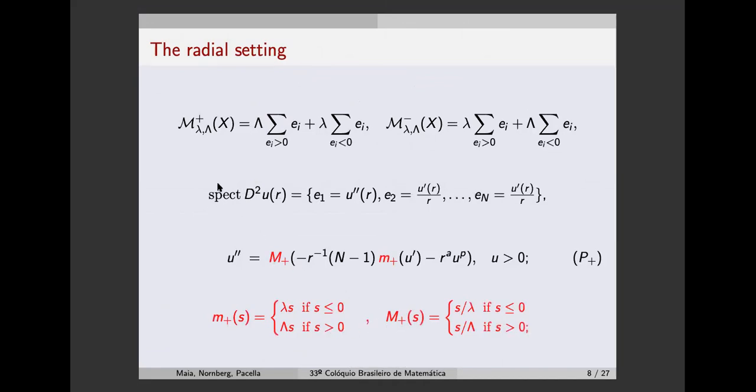Another way of writing the Pucci's operator is u'' equals to large M plus, where large M plus is given by s over small lambda for s negative, or s over big lambda if s is positive, times this expression, and inside these parentheses, the M plus is going to depend on the sign of u', and therefore the sign of these eigenvalues.